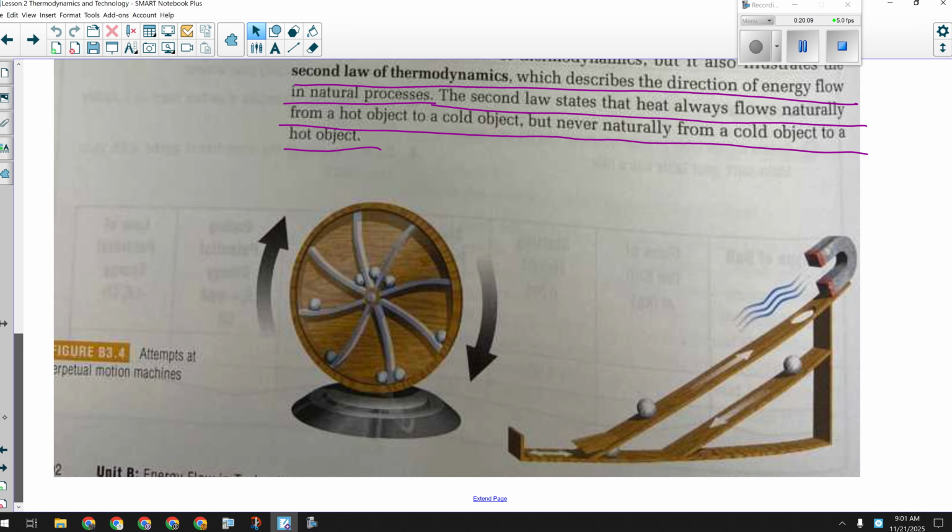The idea was that as the wheel spun this way, the ball bearings would go out to the edge. There would be more force or more torque from them that would rotate this thing down, but when they came up on this side, they would roll back towards the middle where there would be less torque from them, and this thing would just continually run. Where is it going to lose energy?